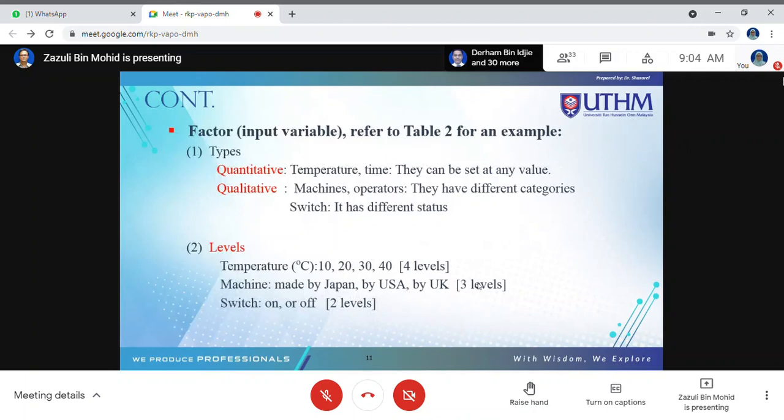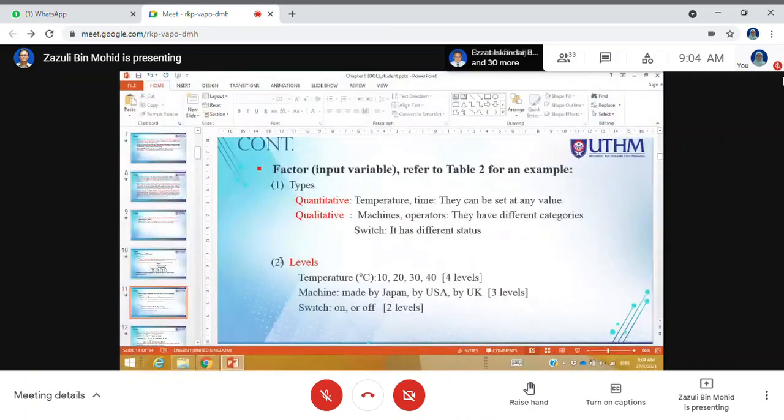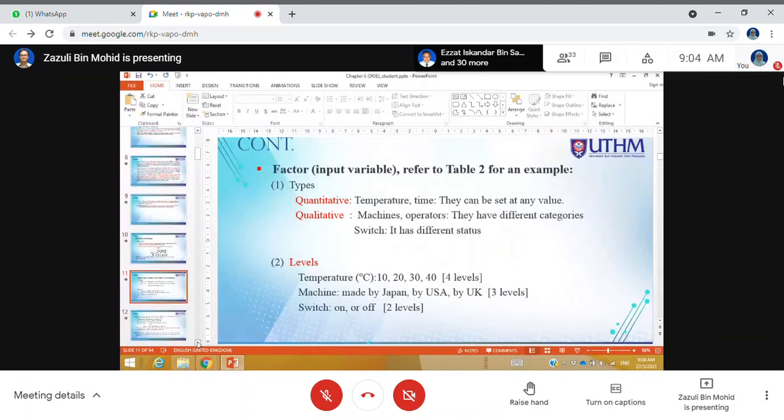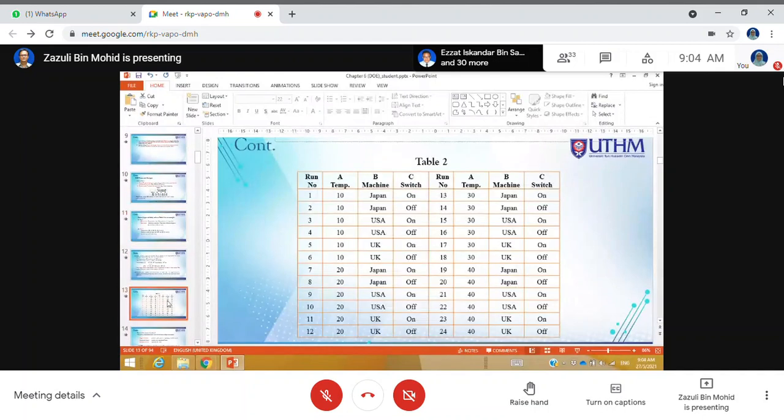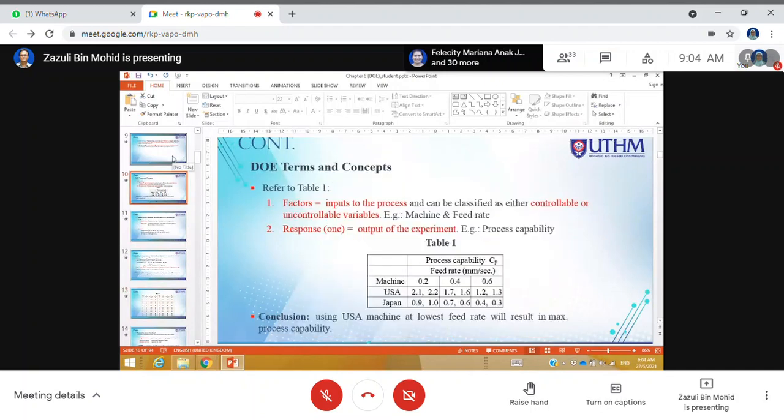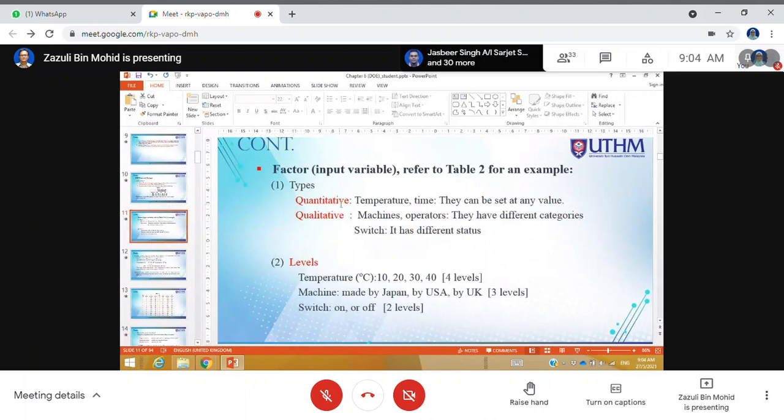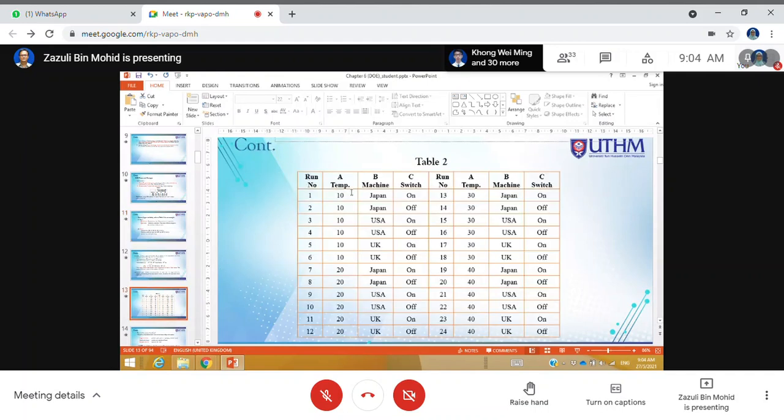For example, table 2 is this one. Yeah, this one is table 2. And quantitative is something that we can have in numerical. Quantitative in table 2, the temperature.